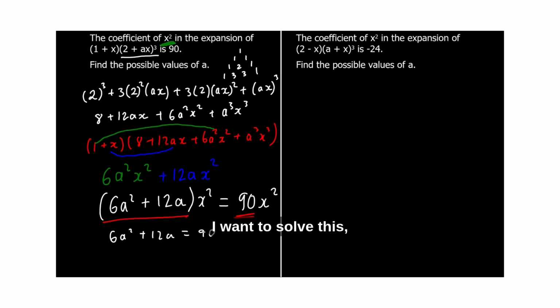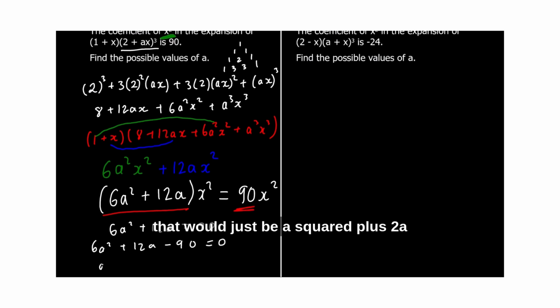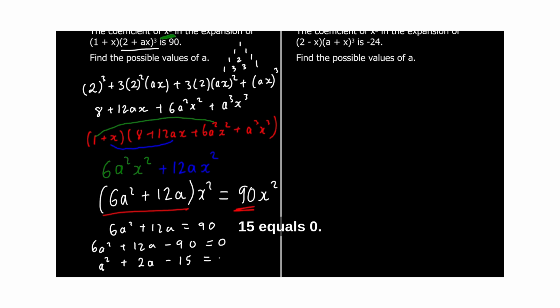I want to solve this, so I'm going to make it equal to 0. 6a squared plus 12a minus 90 equals 0. And I can really simplify this by dividing through by 6. So that would just be a squared plus 2a minus 15 equals 0.